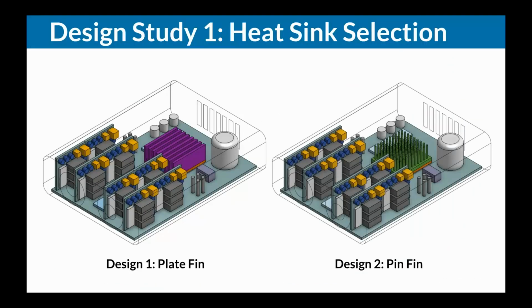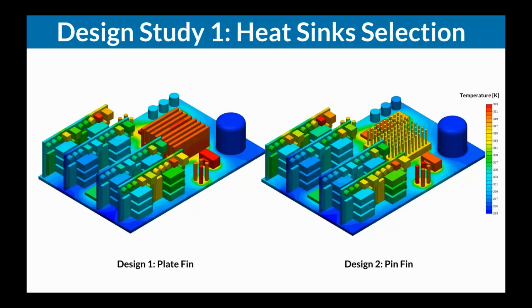And as you can imagine, as discussed earlier, we're going to take a look at a quick iteration on heatsink selection. On the left, you can see the plate fin that we just visualized, that we just analyzed. On the right, in my CAD system, I quickly swapped the heatsink. You can see now it's a pin fin, and I go about this the exact same way, right?